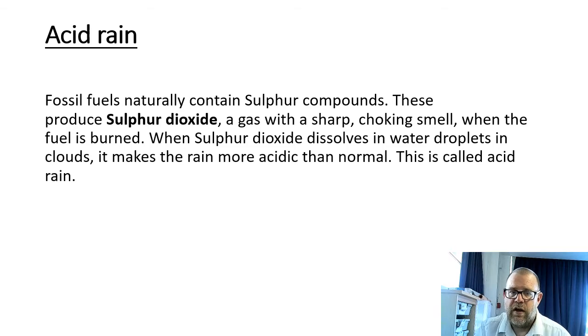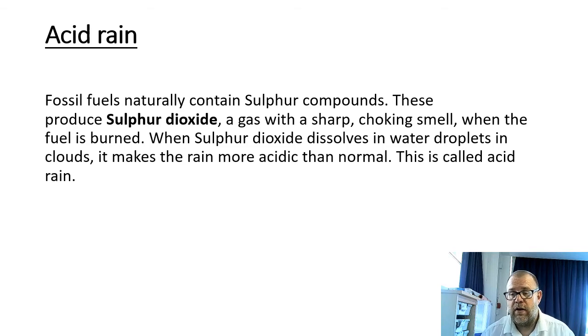So acid rain. So fossil fuels naturally contain sulfur. So these produce sulfur dioxide when they're burnt, a gas with a sharp choking smell. So when sulfur dioxide dissolves in water droplets in clouds, because obviously it goes from the power station or wherever it's being burned, it rises upwards, it dissolves and reacts with the water, and it makes that rain more acidic.